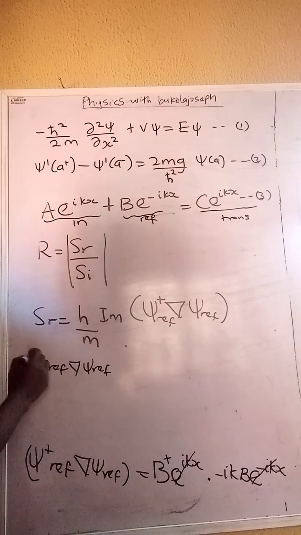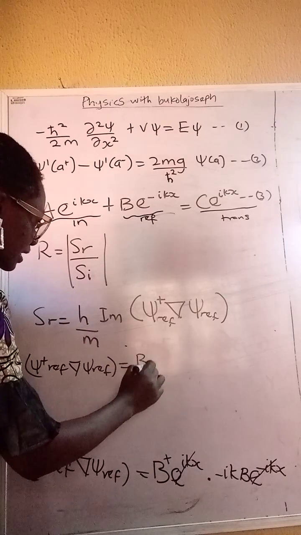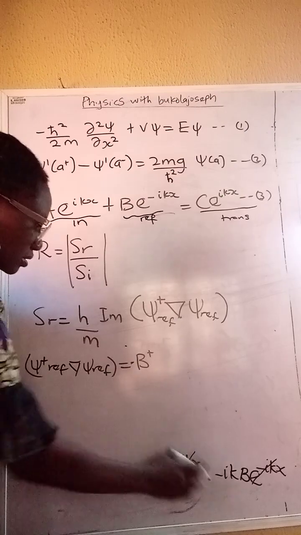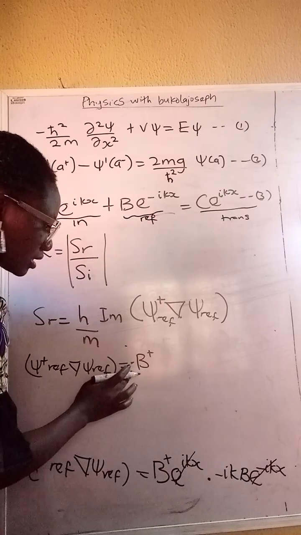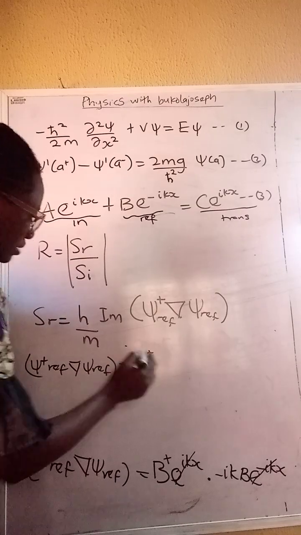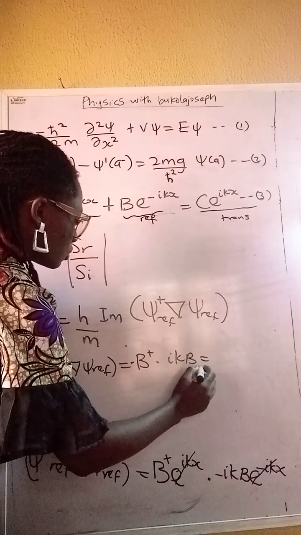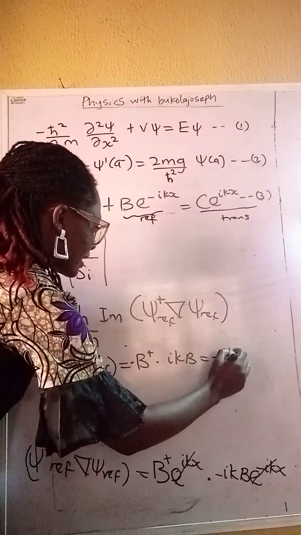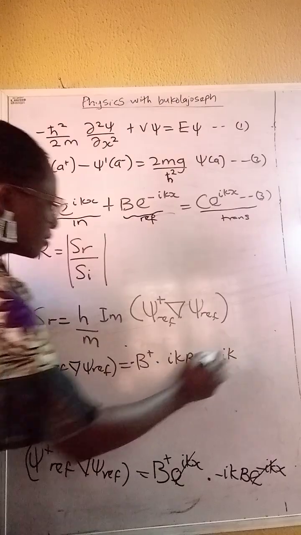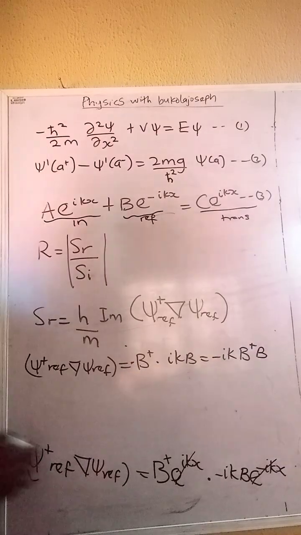This will cancel this, and then we'll be left with, so it means this becomes b dagger. There's a minus because of this minus. Let's take it one step at a time. So this becomes minus ik b dagger b.